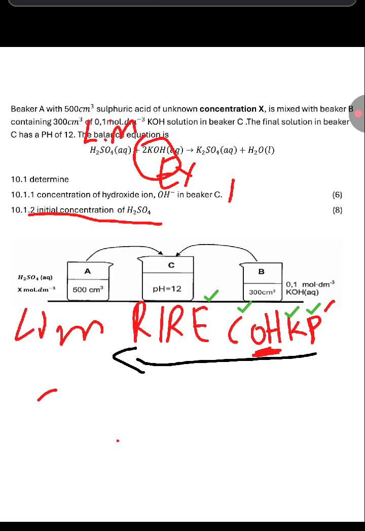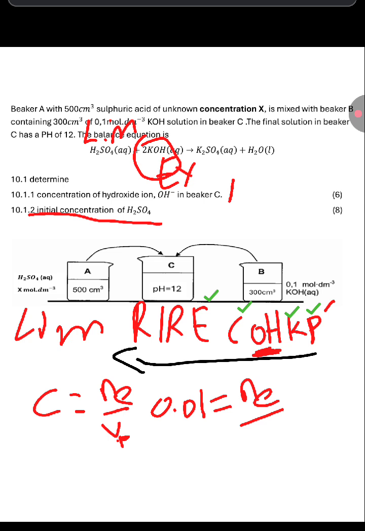We say concentration is equals to number of moles in excess divided by the total volume, the combined volume. So 0.01 is equals to number of moles that are in excess divided by the total volume.